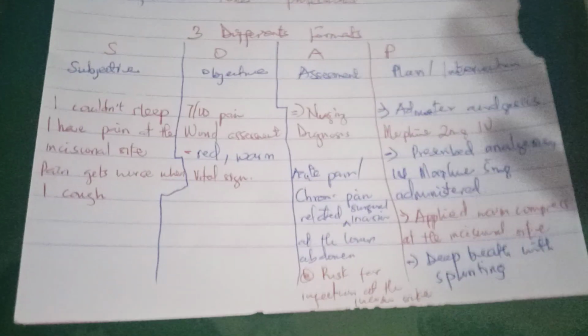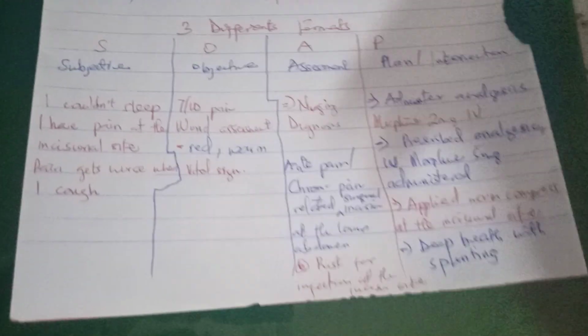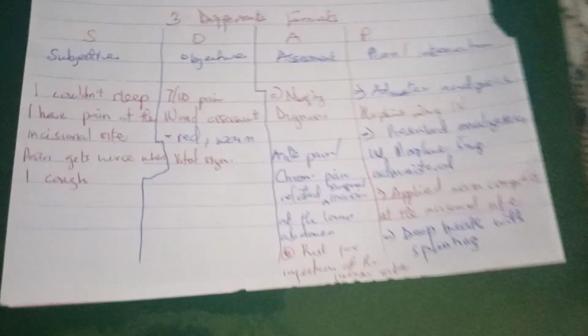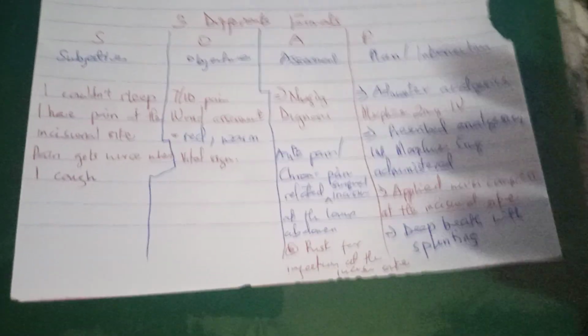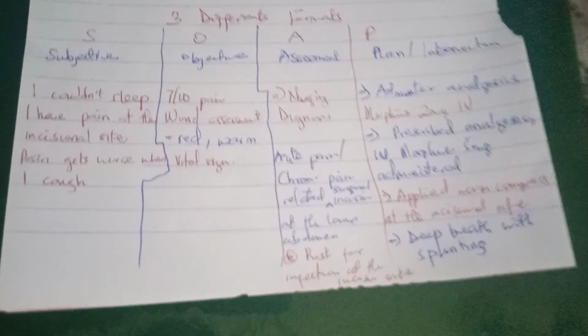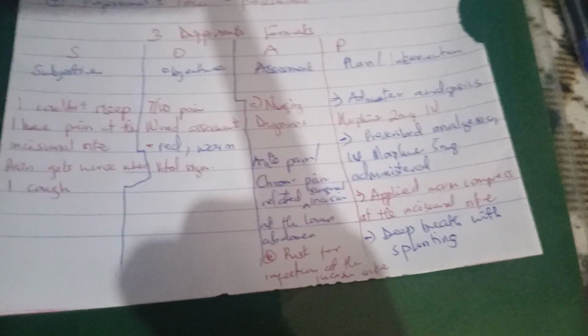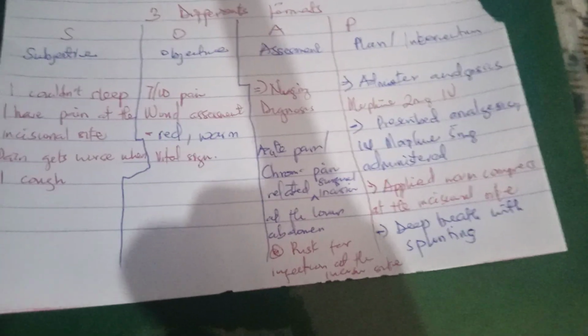So you start by asking the client. I'm just trying to do a recap, a very short one. You start by asking the client, what are your complaints? What is troubling you? The client will give you something, pain, whatever. Then you move on to your vital signs. And if there is pain, you do the pain assessment using whatever skill that you know.